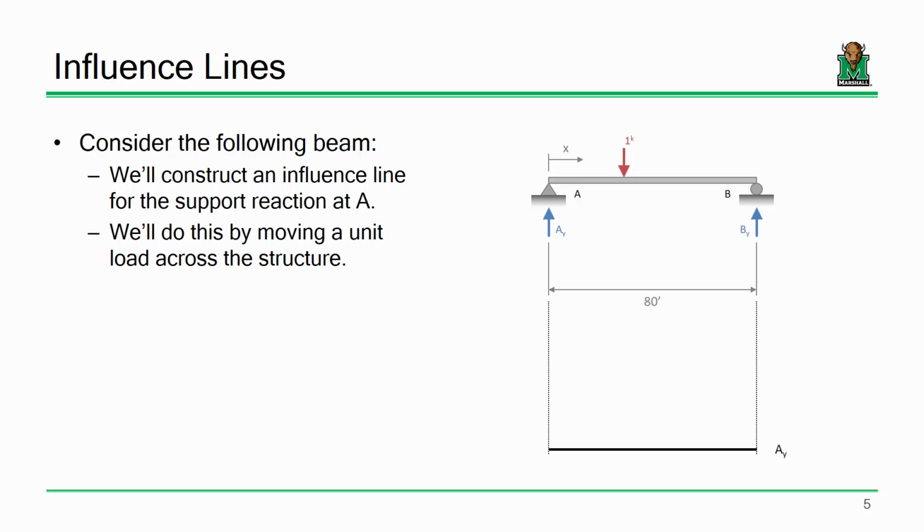Okay, so I want to consider a simply supported beam, and we'll say for the sake of discussion that beam's 80 foot long. It really doesn't matter how long it is, because a lot of this is going to be pretty straightforward. And I've got this one kip load, and I'm moving it across the structure. And I propose whatever goes on down here, this is going to be the influence line for the reaction at A, or AY. Okay?